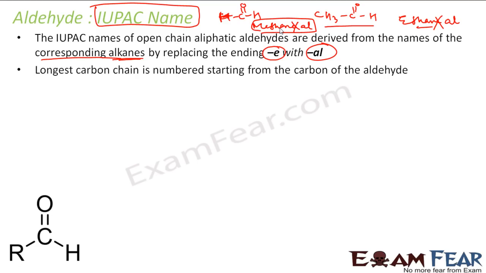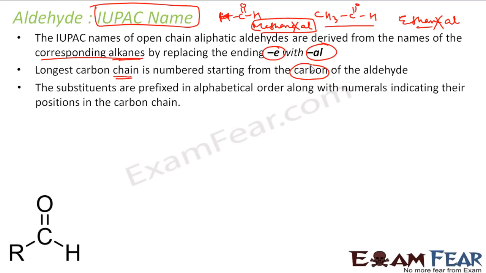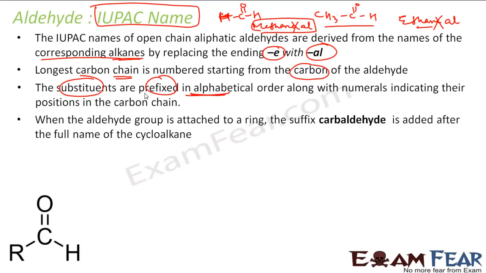Now, what if it has a branch, a long branched chain? In the case of a chain, it is numbered from the carbon of the aldehyde. We'll take some examples for this. And as we have seen in the other cases, when you want to write it, all the substituents which we prefix are in alphabetical order. It's a similar thing to other chain hydrocarbons.